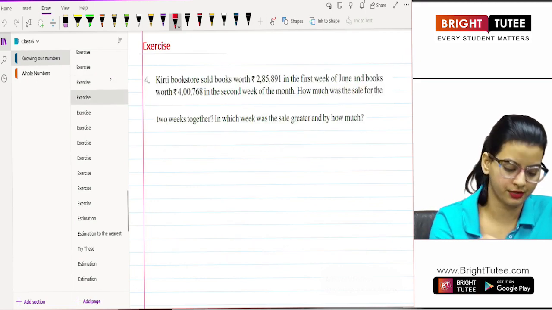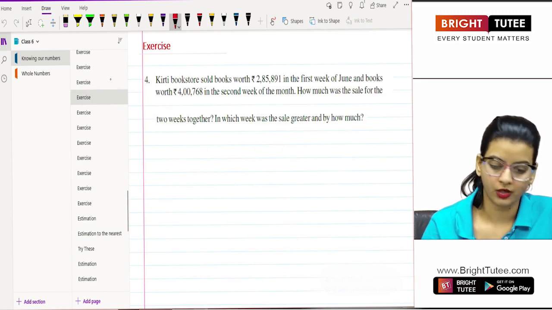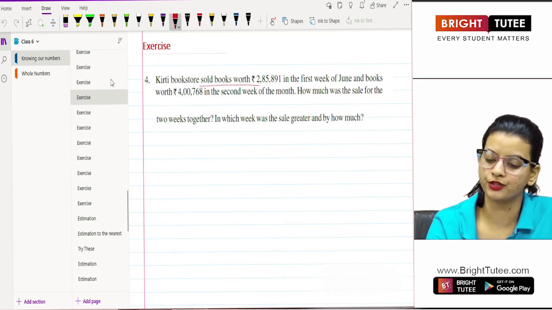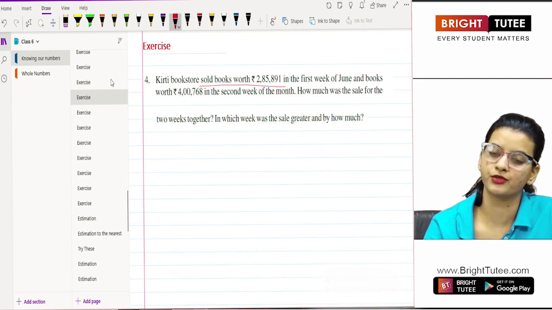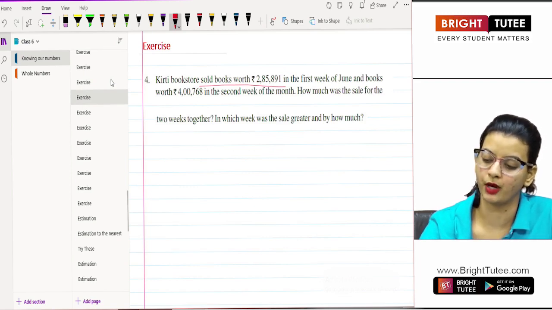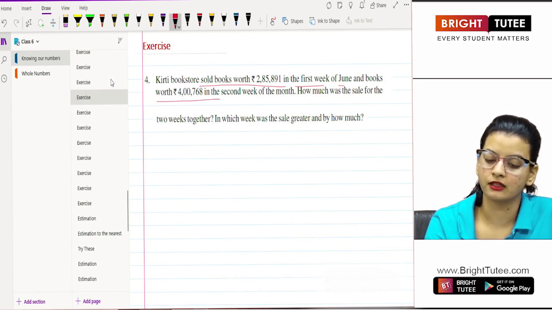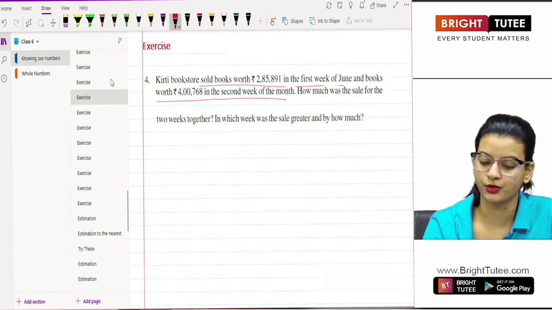Next question is, Kirti Bookstore sold books worth rupees 2,85,891 in the first week of June and books worth rupees 4,768 in the second week of the month. How much was the sale for the 2 weeks together?